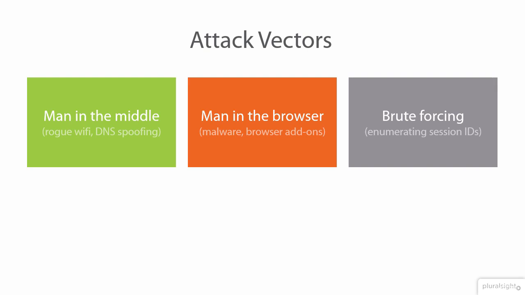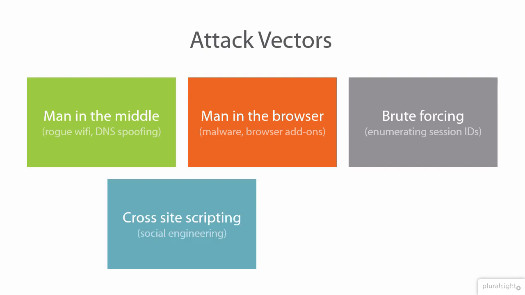Another classic web attack that can lead to session hijacking is cross-site scripting. And this is a topic that I cover in depth in a bunch of my other Pluralsight courses as well. So for example, my Hack Yourself First course goes into a lot of detail on cross-site scripting. Now the relevance here is that a cross-site scripting attack can then be used to mount a session hijacking attack.